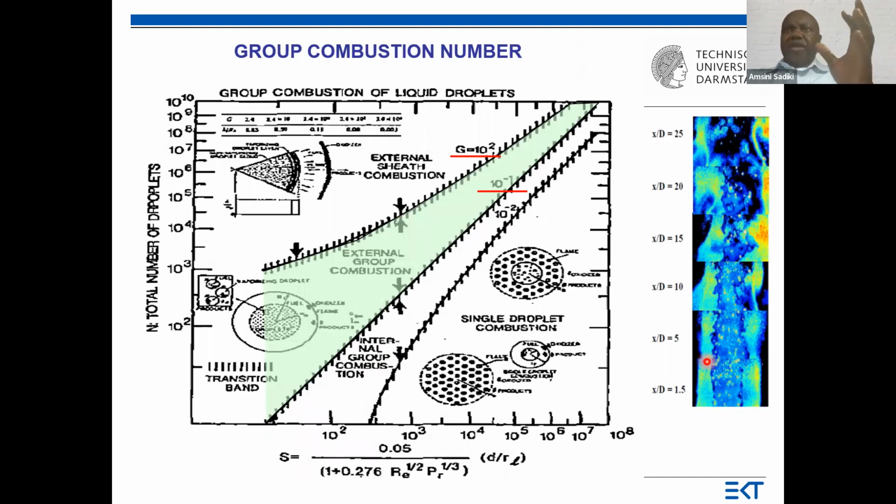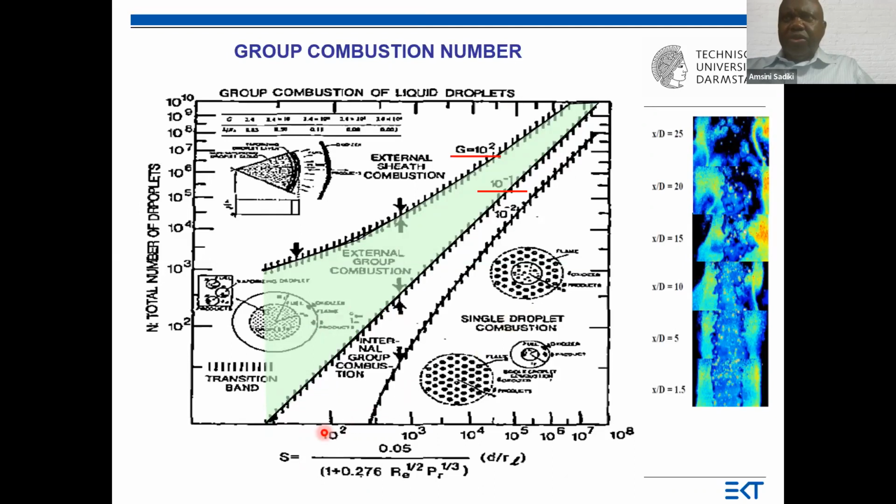Based on these things, on this physics, people try to generate a combustion group map or group combustion number. And this combustion number has been derived, and we could classify these different group combustions using these group combustion quantities.